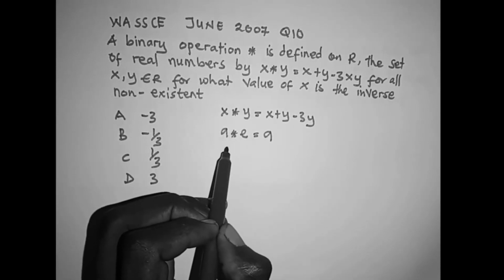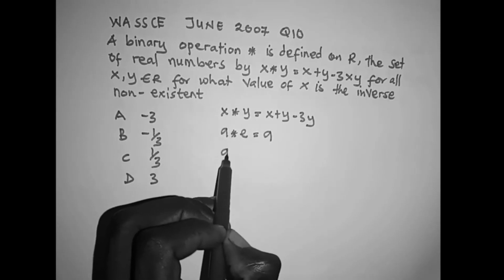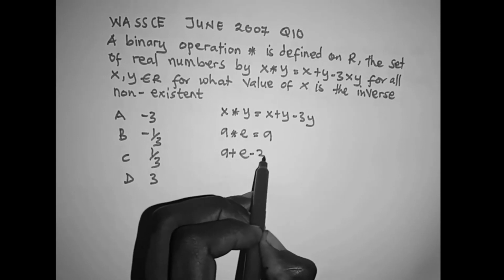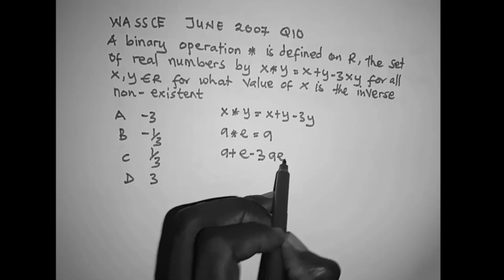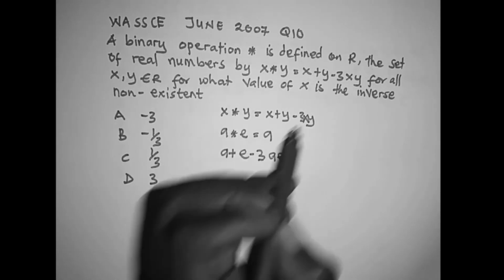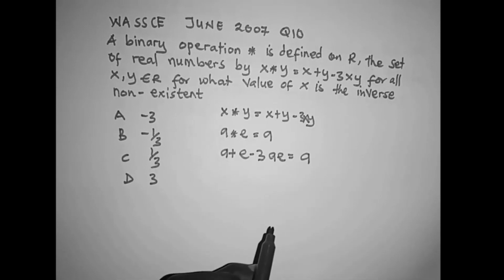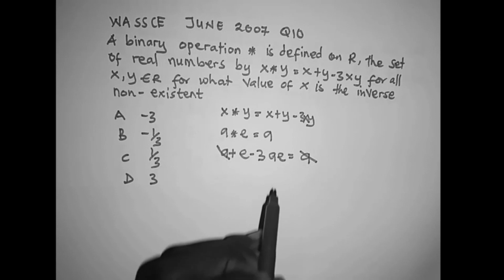So let's do A operation E. This is equal to A plus E minus 3AE, or that's x here, is equal to A. So this A and this A can go away.